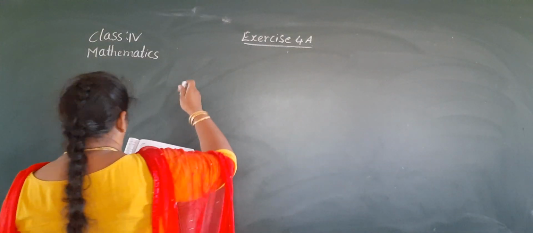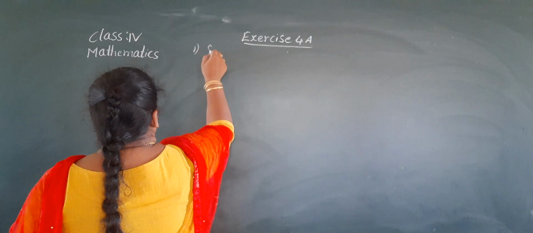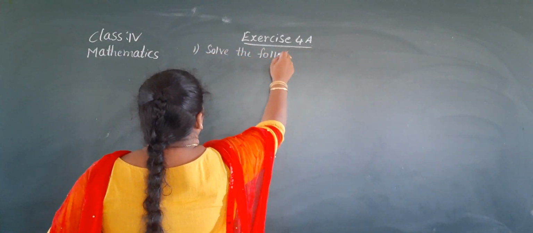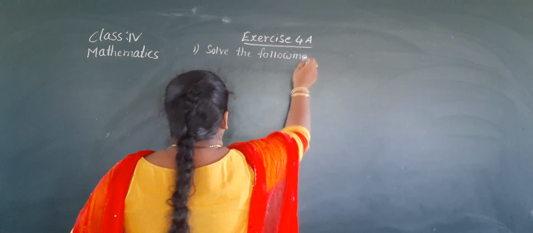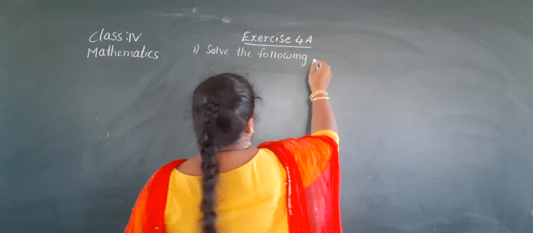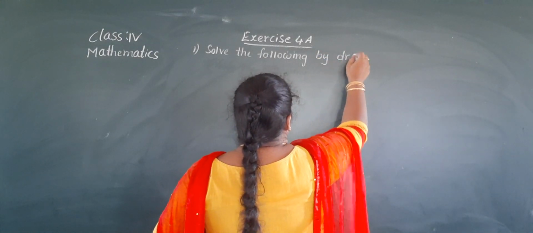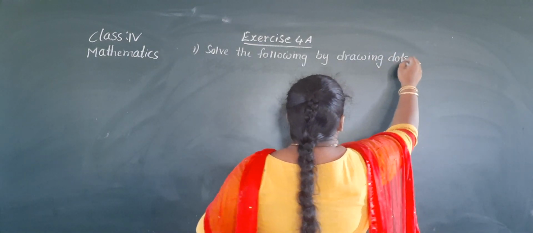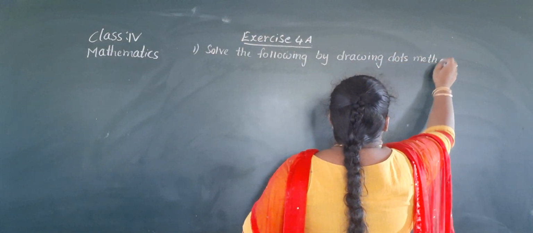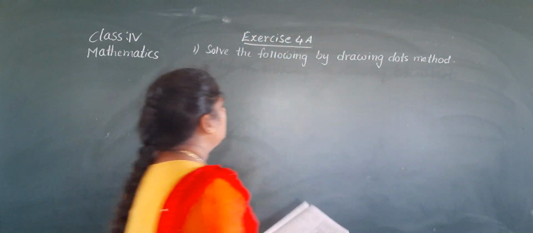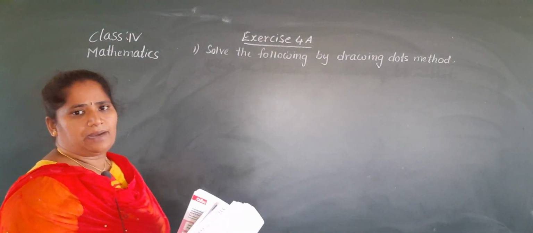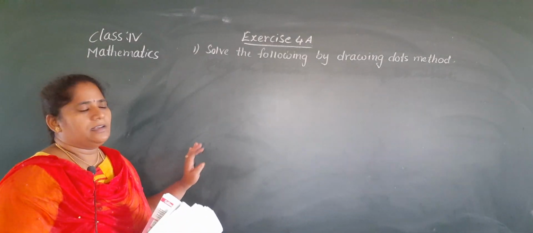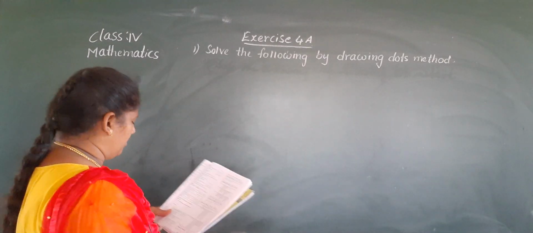Solve the following by drawing dots method. So, we have to solve the given division by the drawing dot method. In the previous class I explained how to draw that, so don't get confused, children. Write the first one.